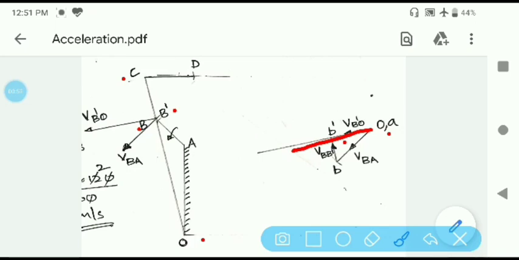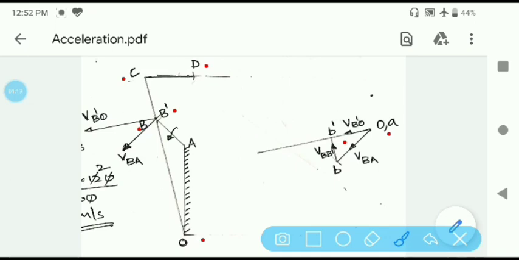Before that we will do an easier thing, that is to represent the velocity of point D, which is the slider, with respect to the fixed point.